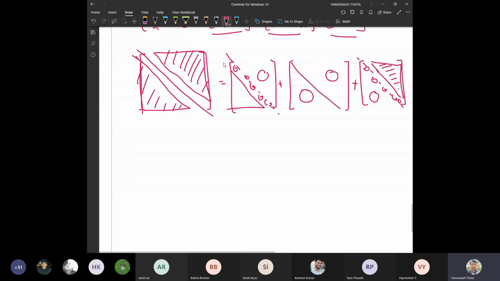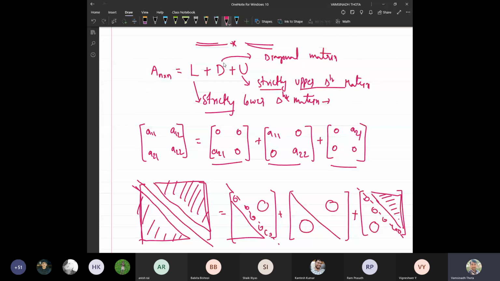And in the two iterative methods which we are going to discuss in the further sections, this LDU is necessary, and this lower triangular, diagonal, and strictly upper triangular matrices will be used to define the iteration matrix.